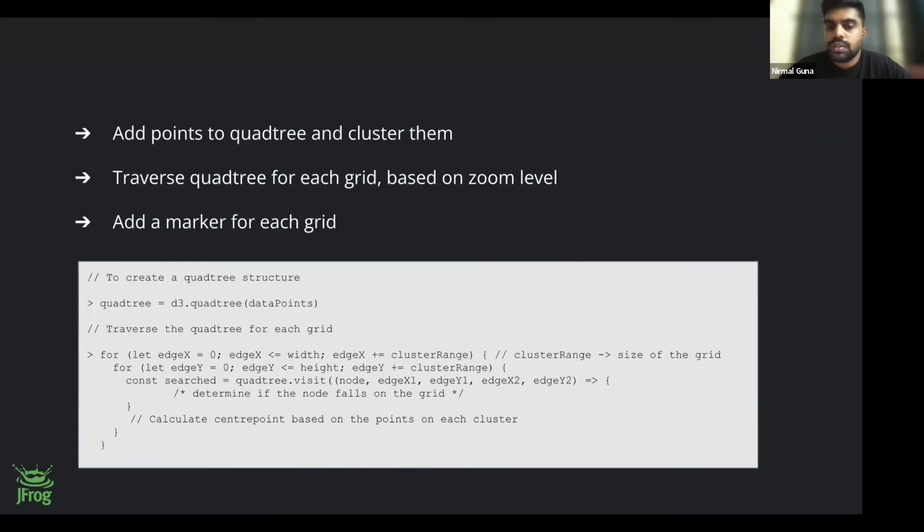What you have to do is consider the edges, find the midpoint of the edge, and place the point there, so that when you zoom in, it will split and go to the respective places, and it will look good. You can't have two different points grouped and put in a totally different place. You have to put it on the center of the points. That's very important when you are clustering markers together.